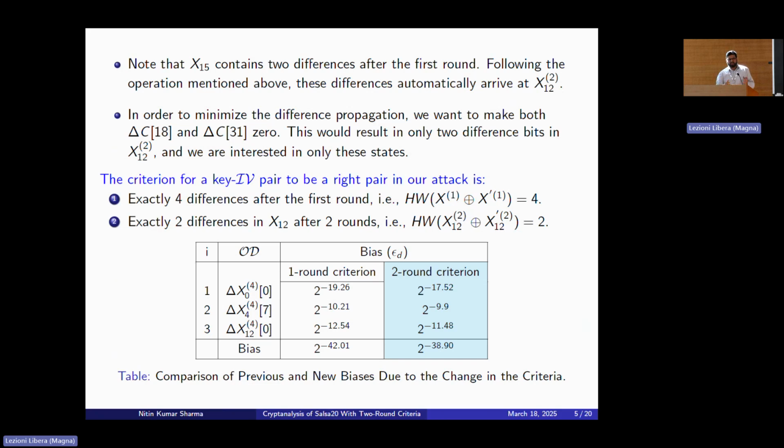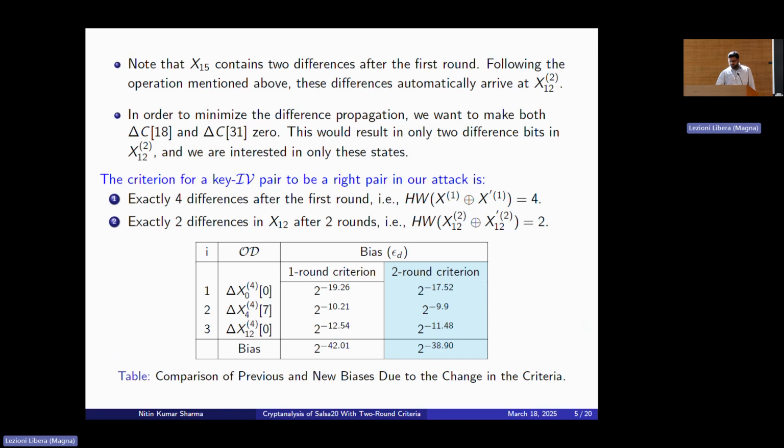Using this criteria, we improve the differential bias, epsilon D. Earlier attacks used the one-round criteria. You can compare the bias values: we have improved by a margin of 2^4 overall, but we haven't limited ourselves to this point. Instead of going for individual biases, we have combinedly obtained the bias of the second and third values.